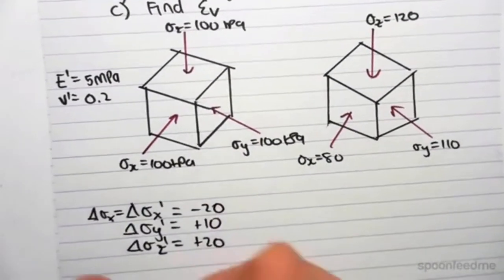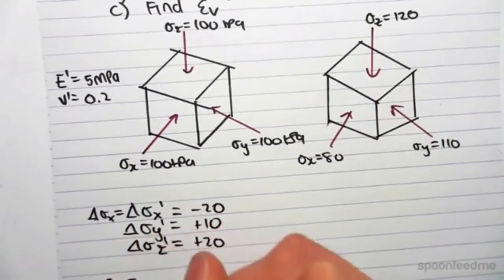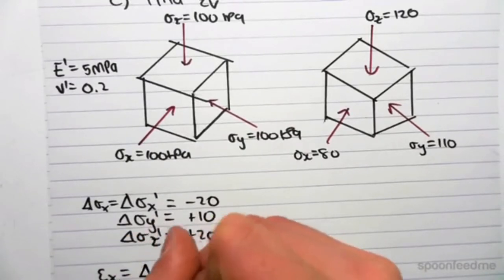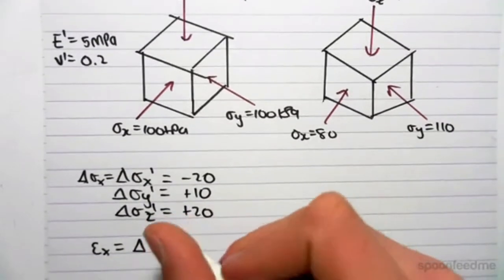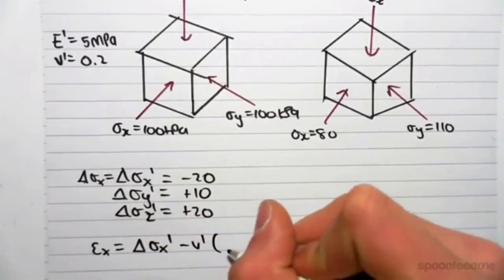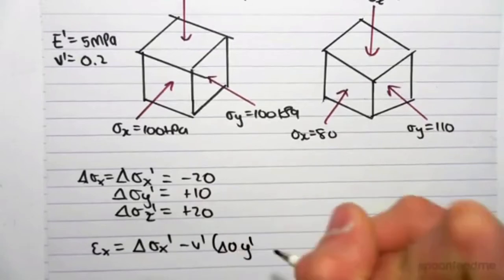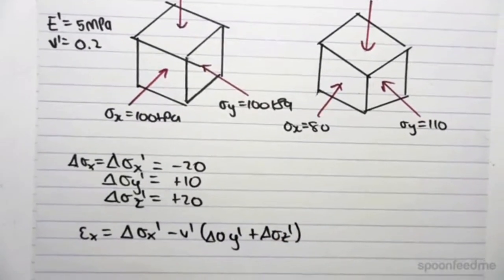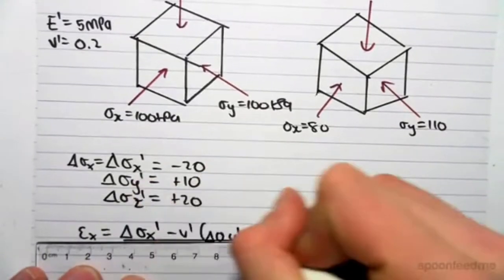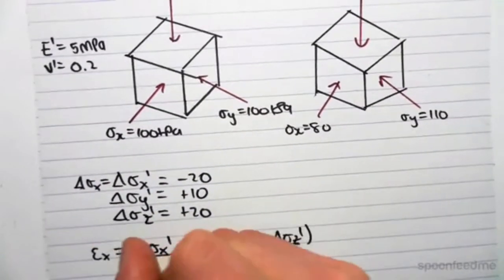So now it's very easy for us to find our strains. We know that the strain in the X direction for a drained example is the change in effective stress in X, minus V dash outside of the change in Y dash plus change in Z dash. So this is all effective, and this is all on top of E dash. We could then find this value.